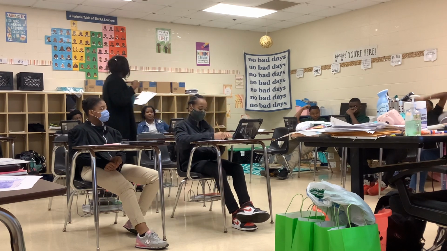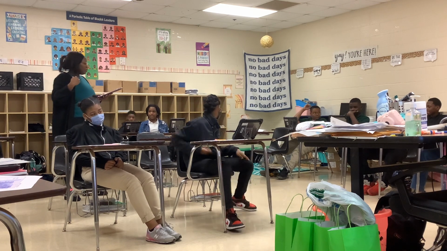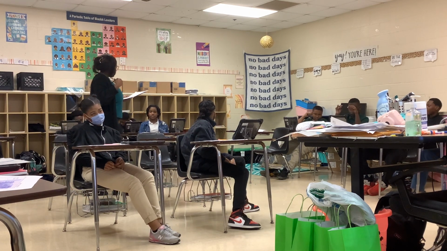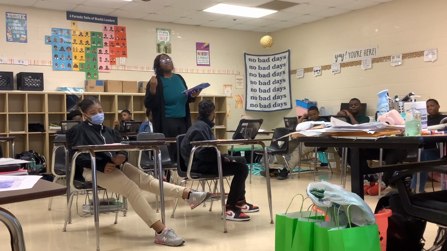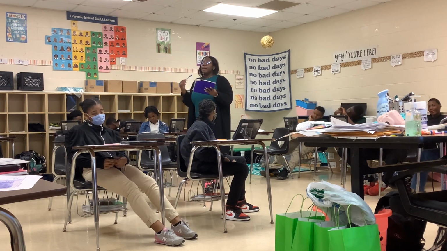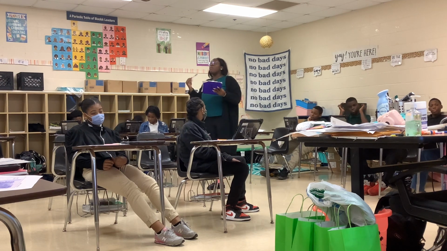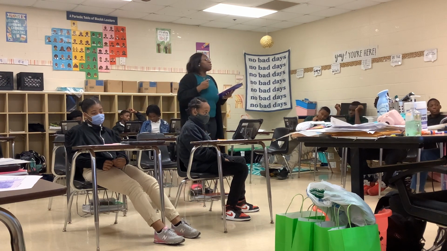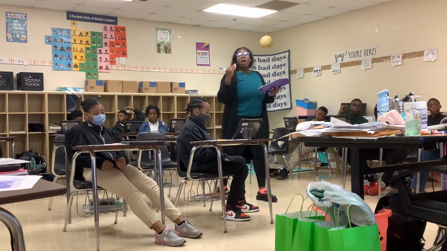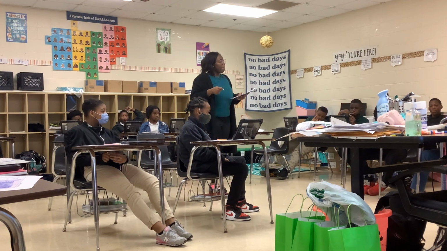Go ahead, Mariah. Okay, so she says the windward side is going to receive more precipitation because it is on the left side of the mountain range, which receives more moisture from the Pacific Ocean. Is there anybody who would like to respectfully disagree or agree or add on? Go ahead.